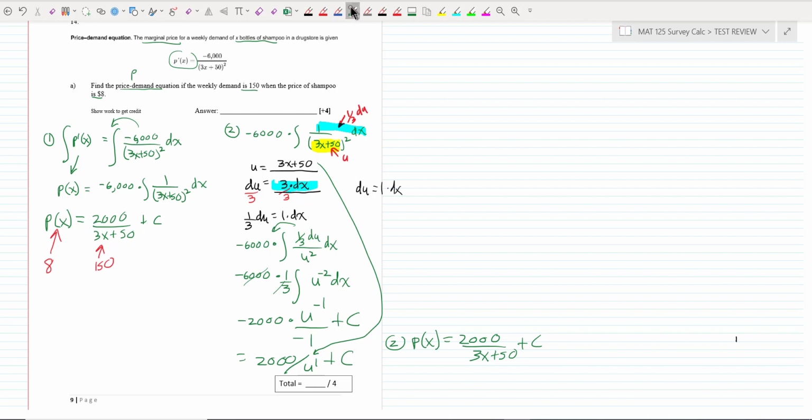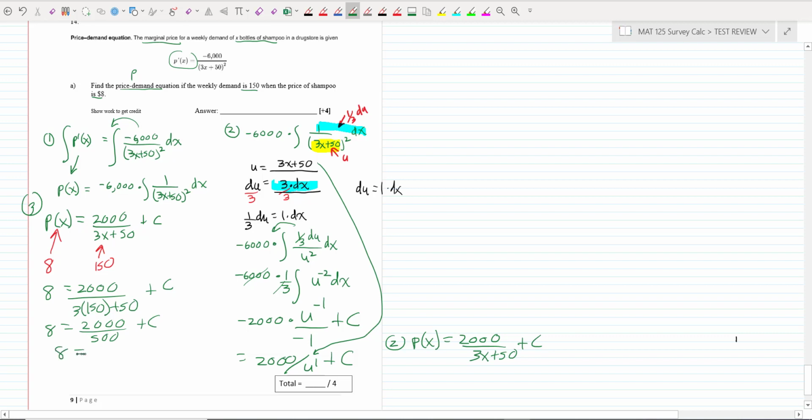Okay, so what we'll have is 8 equals 2,000. This is really step 3 now. Over 3 times 150 plus 50 plus c. Okay, I'm going to do a couple things on my calculator. So if I do 3 times 150 plus 50, that's 500. So I have 2,000 over 500 plus c.